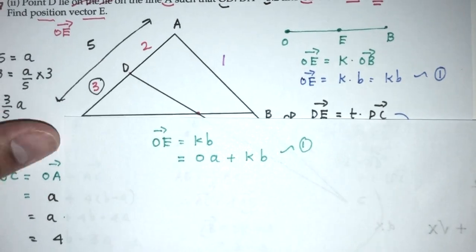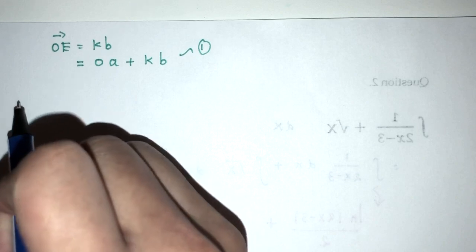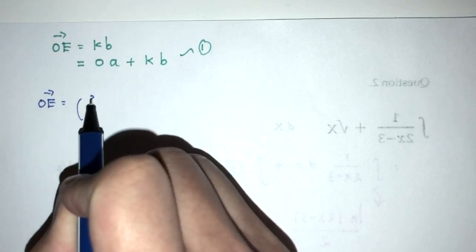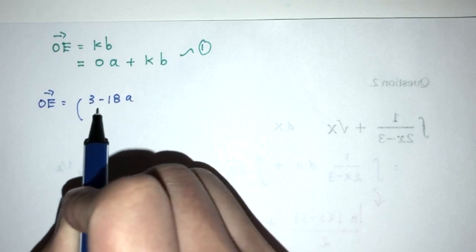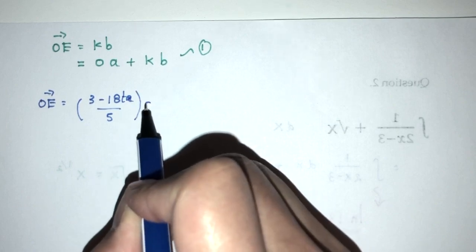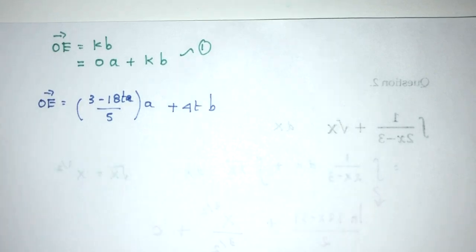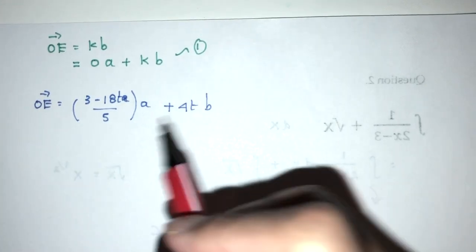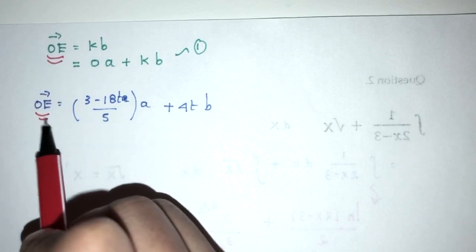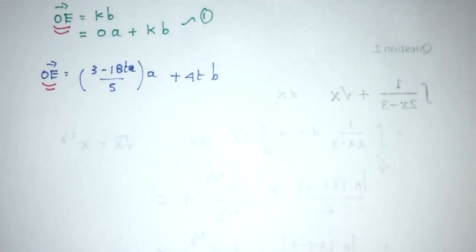Now for the second equation, let me write this down too so we can work together. We have the value of OE equal to 3 minus 18t over 5, and a is outside, right? And plus 4tb. Now, as you can see already, OE is the same thing as OE, right? So let's equate them with each other, which means let's solve a simultaneous equation.